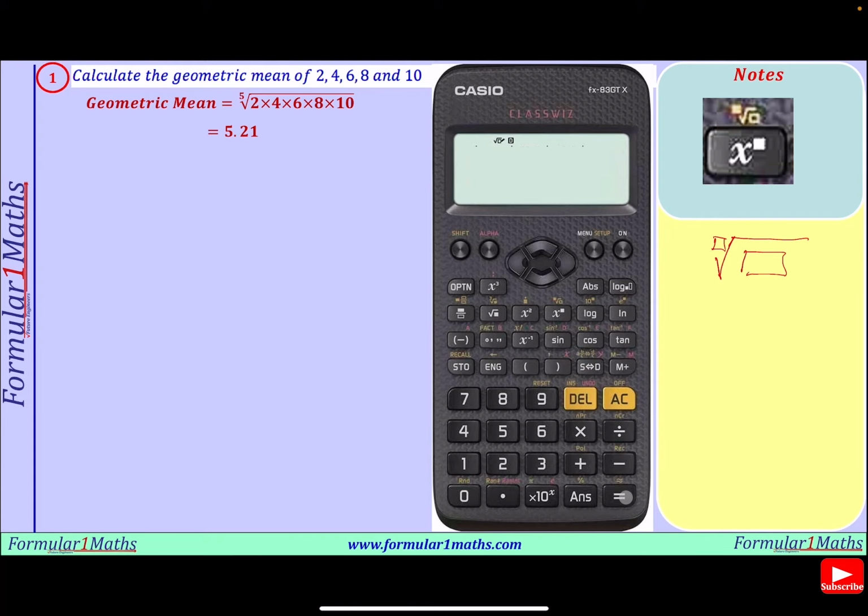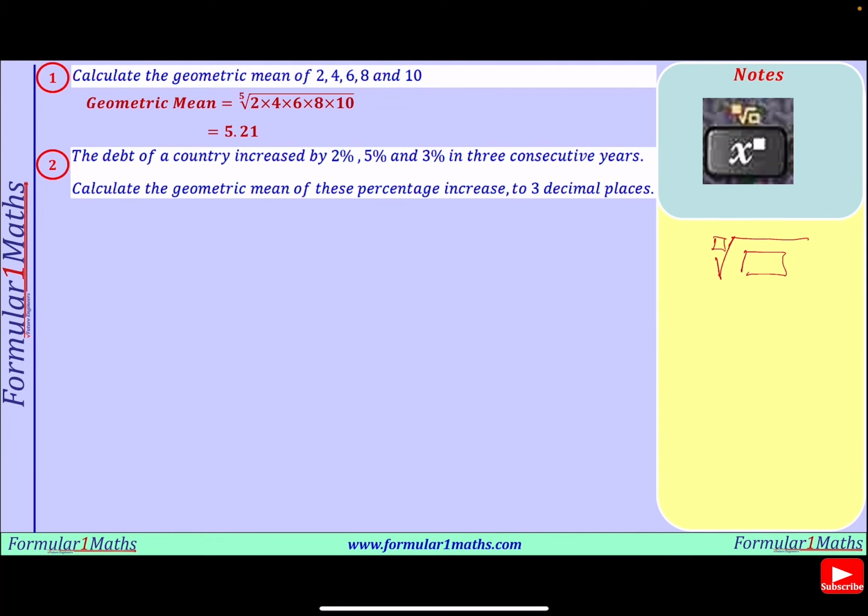Okay, question 2. The debt of a country increased by 2%, 5%, 3% in 3 consecutive years. Calculate the geometric mean of this percentage increase to 3 decimal places. So, for the first year, the previous year's debt will be multiplied by 1.02 because of the percentage increase here.